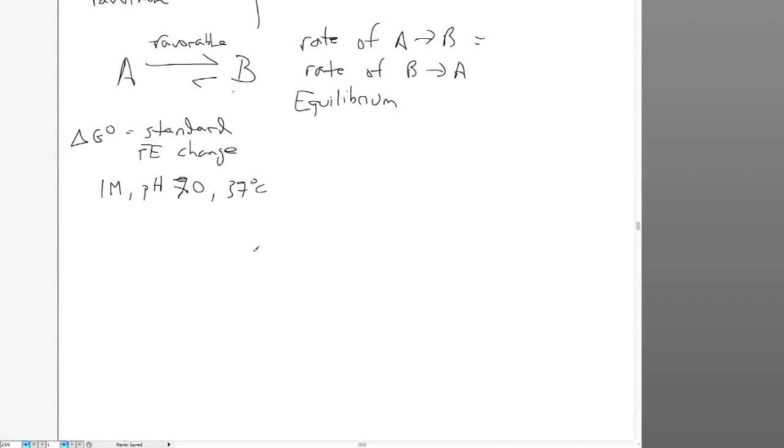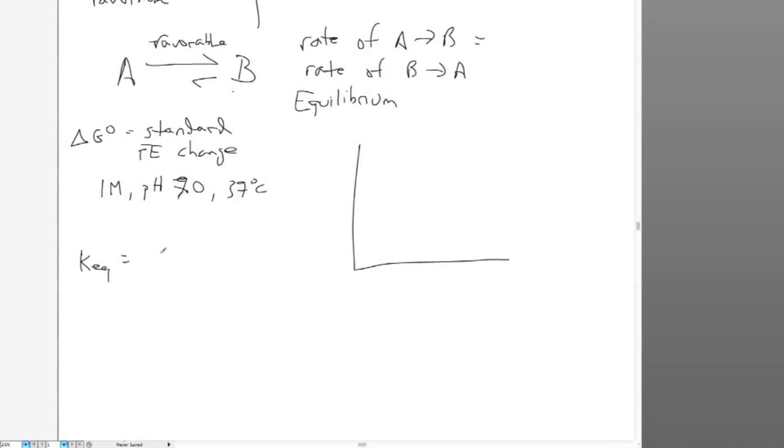Another thing to keep in mind about equilibrium is that if you look at free energy in a reaction in terms of equilibrium, you'll find that at equilibrium, free energy is at its lowest point. Okay? So as the reaction goes to equilibrium, the free energy is going to drop to its lowest point. So we can calculate the point at which a reaction reaches equilibrium by looking at the equilibrium constant.